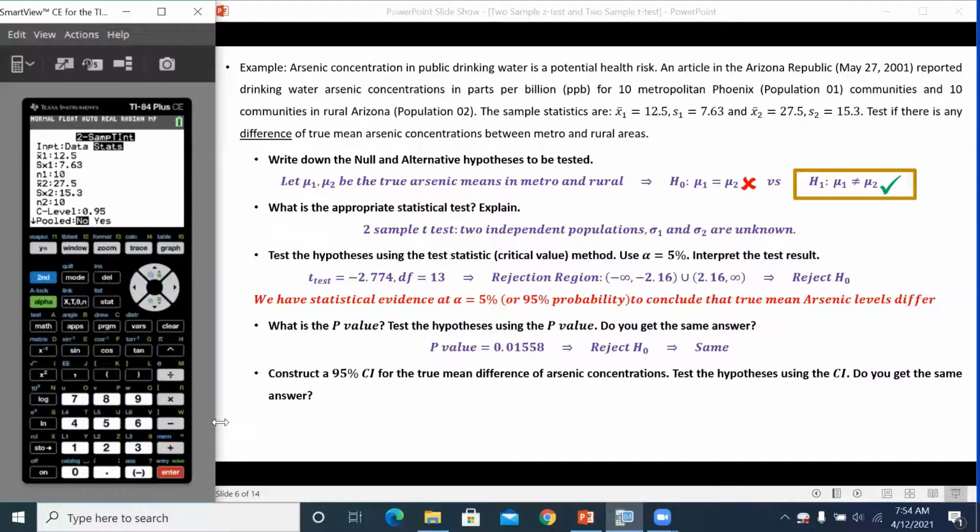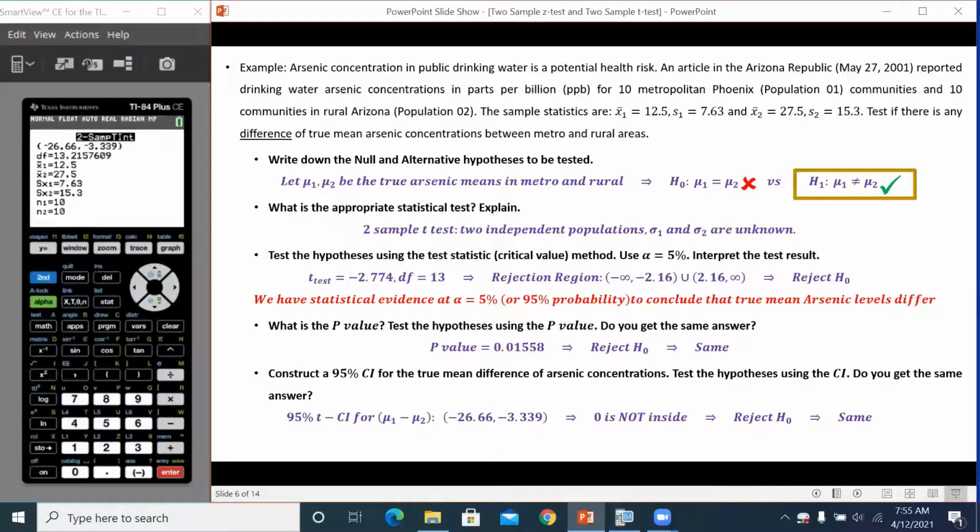Then you have to define the given statistics. Since we already ran the two-sample t-test procedure, they are all imported automatically, so I do not have to re-enter. The confidence level this time should stay as 0.95. Once again, pooled should always be no. Select Calculate and then hit Enter.